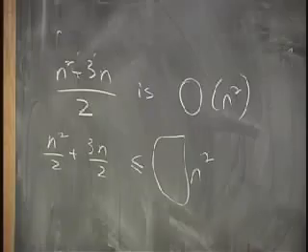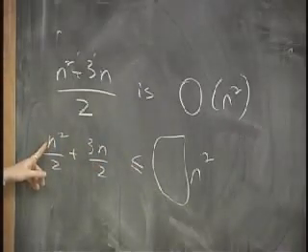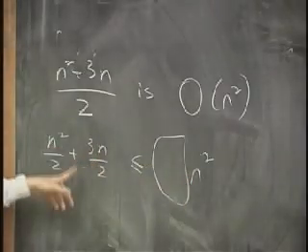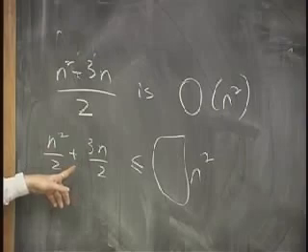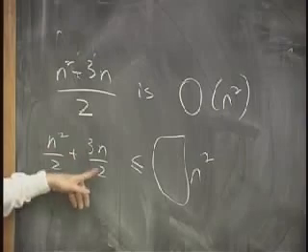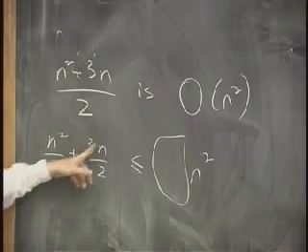Okay, let's figure it out. Here's a surefire way to do this. I know that n squared is bigger than n squared over 2, right? Is n squared bigger than 3n over 2? Eventually. If I thought of this as n squared, that means this is like 3n squared.